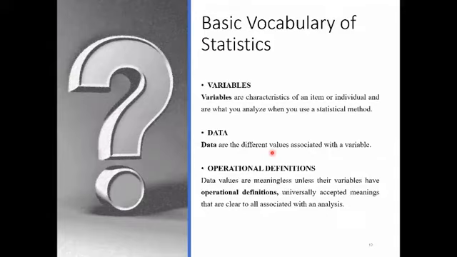Then you have another terminology called operational definitions. Now this is very important. Operational definitions mean universally accepted meanings that are clear to all associated with an analysis. If I take, for example, the variable sales per year, someone can say, are you talking about sales per year per store?